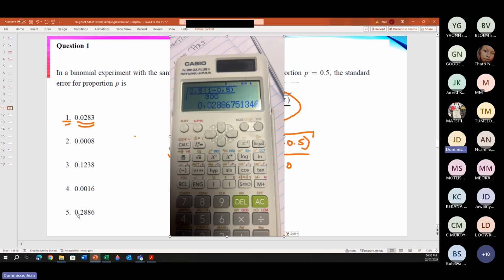That is a perfect example of them trying to catch you out. Just by moving that comma one place, you would have gone for option 5, even though you actually had the right answer.